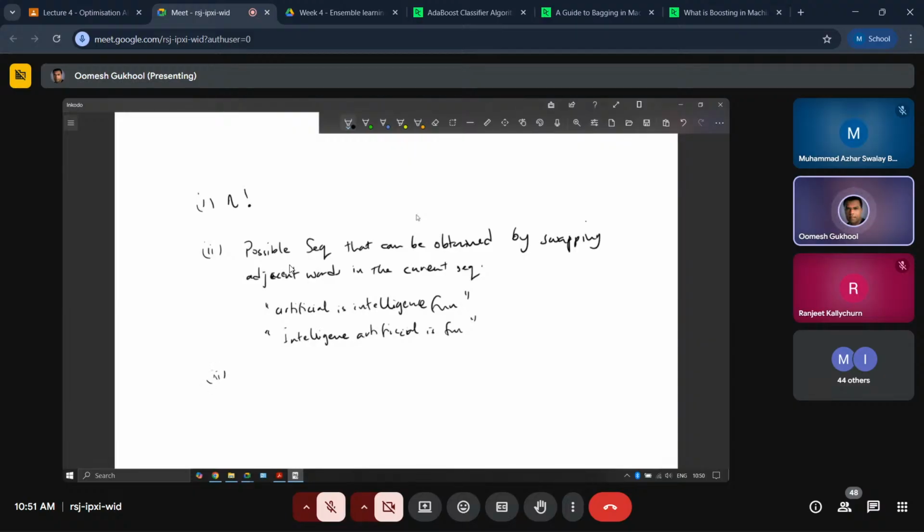Will hill climbing search always find a valid sentence? No. Support your answer with appropriate justification in this particular case. By default, hill climbing is likely to converge to a local optimum. If it's a local optimum, it does not really mean that the sentence is fully valid. The global solution would be artificial intelligence is fun.